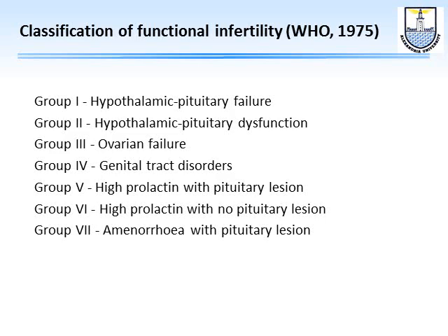So it's not exactly functional. There is a lesion there, there's something physical. But anyway, now we know that the new classification contains only the first 3 groups. So it's either hypothalamic pituitary failure, or hypothalamic pituitary dysfunction, or ovarian failure. We'll talk about this later.